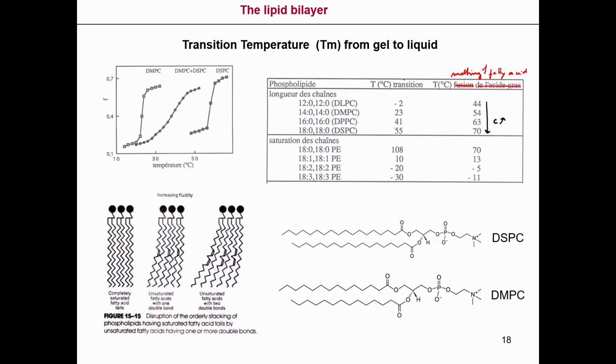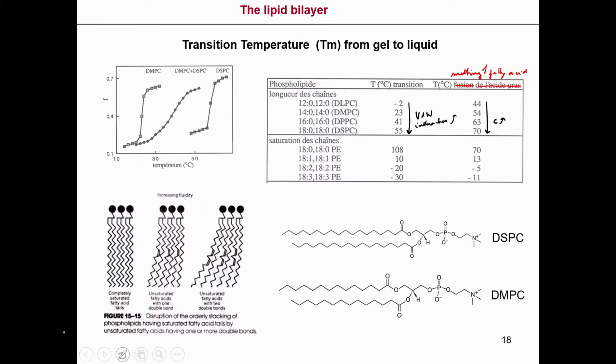The transition temperature increases with the number of carbons because when you have more carbons, the van der Waals interactions increase.